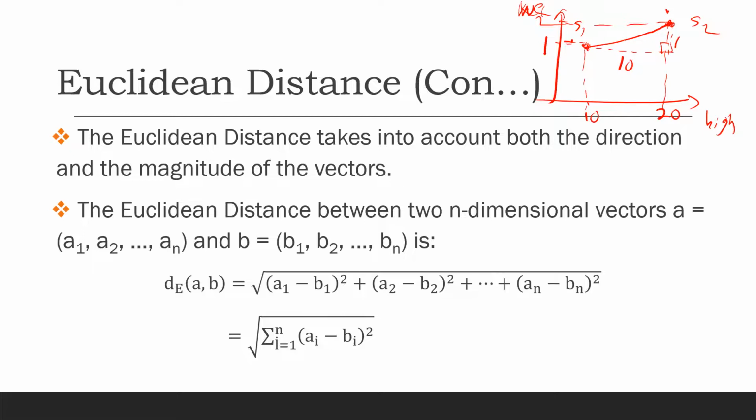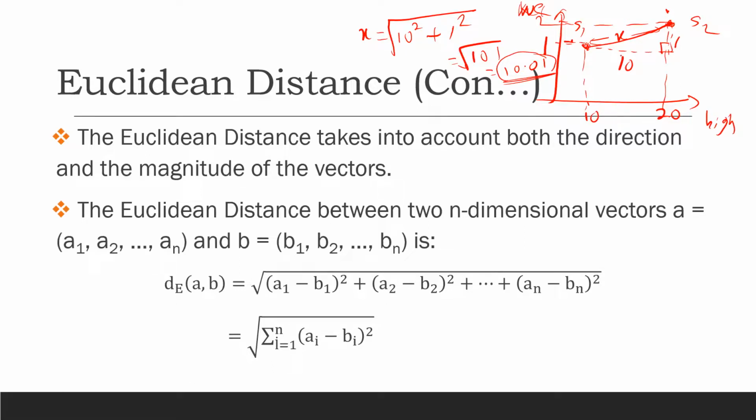So to calculate this distance x, x is equal to the square root of 10 to the power 2 plus 1 to the power 2. 10 into 10, 100, 1 into 1, 1, so the square root of 101. That is the distance, approximately 10.05. This is the distance between these two objects.